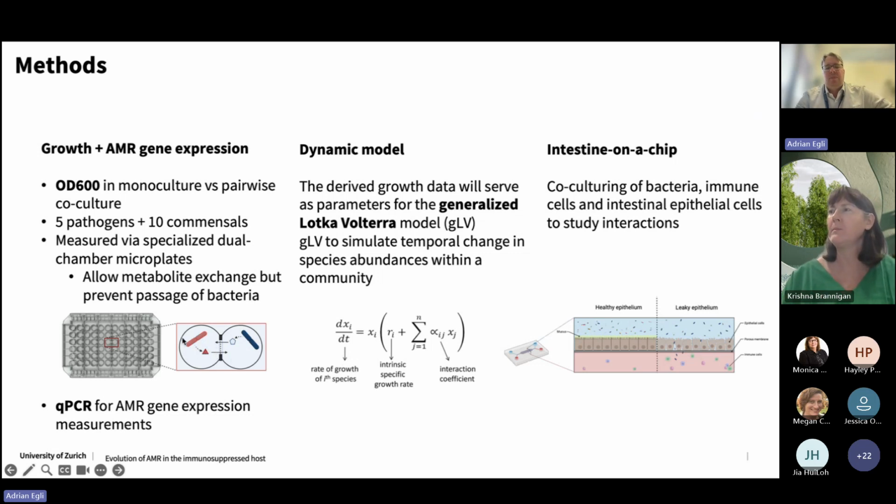So we can, for example, study if there's an E. coli and there's a partner bacteria on the other side, is the impact of the antibiotic the same if it's alone or if there are other bacteria present? And she will test now 5 different pathogens and 10 commensals in anaerobic conditions. So that's reflecting better what is going on in the gut.